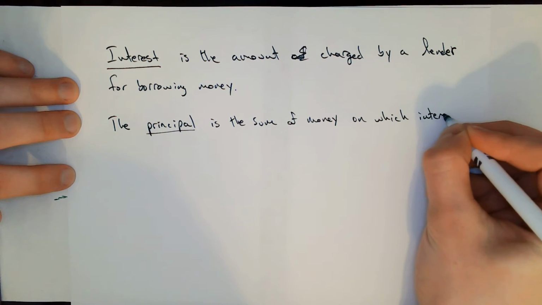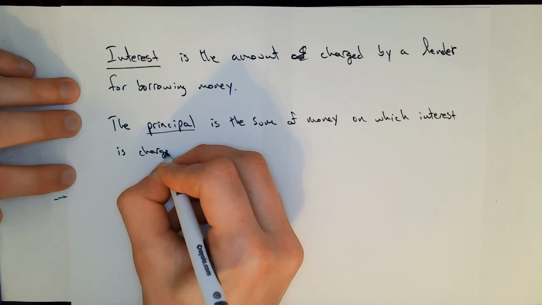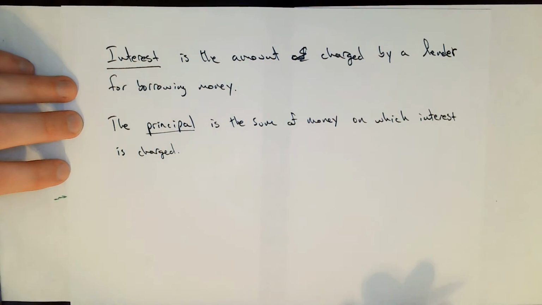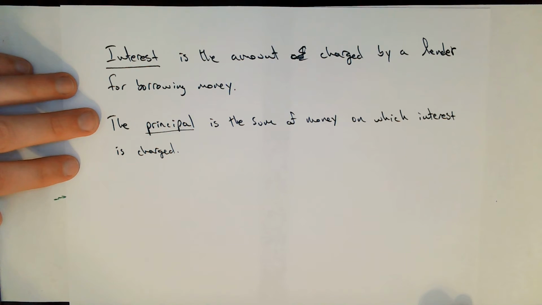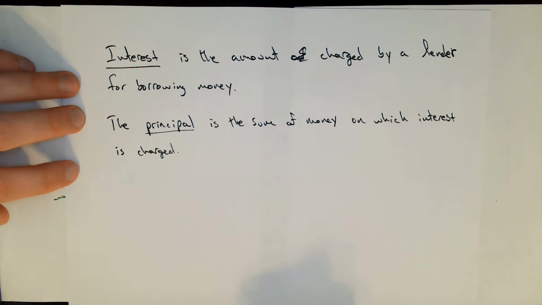Nothing crazy going on here, right? We're just defining these words so that when we build equations out of these, with the goal to calculate interest, we need to know which number is playing the role of principal versus interest versus rate, which will be the next one.